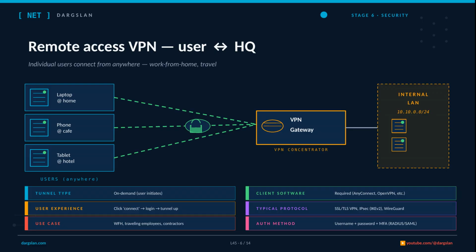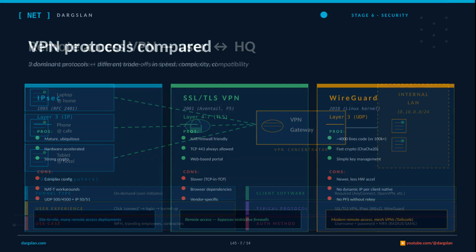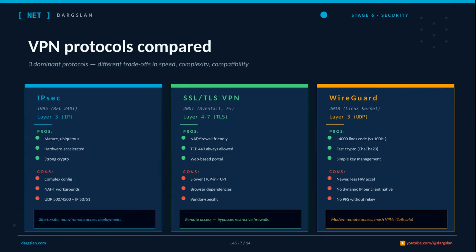From there, they reach the internal LAN as if they were sitting at a desk in the office. The protocols you'll see in the wild are SSL/TLS VPN, IPsec with IKEv2, and increasingly WireGuard for its speed and simplicity.